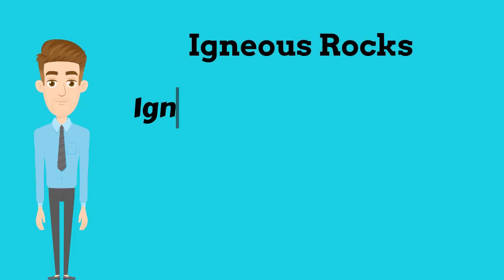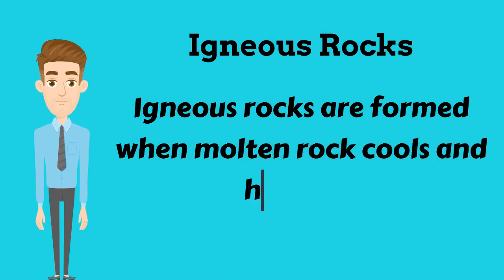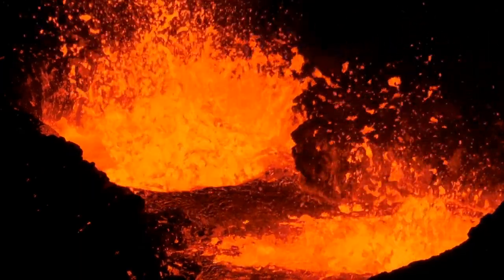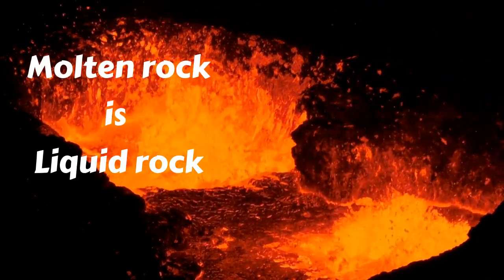Now let's start the third and final category, and that is igneous rock. Igneous rocks are formed when molten rock cools and hardens. So what is this molten rock? Molten rock is liquid rock, and there are two forms of molten rock.